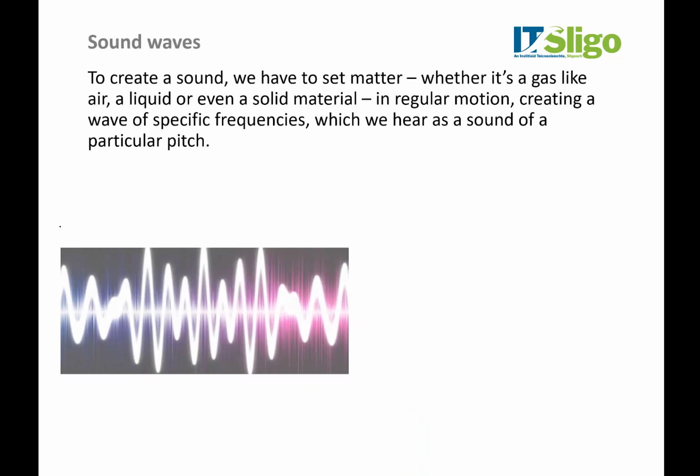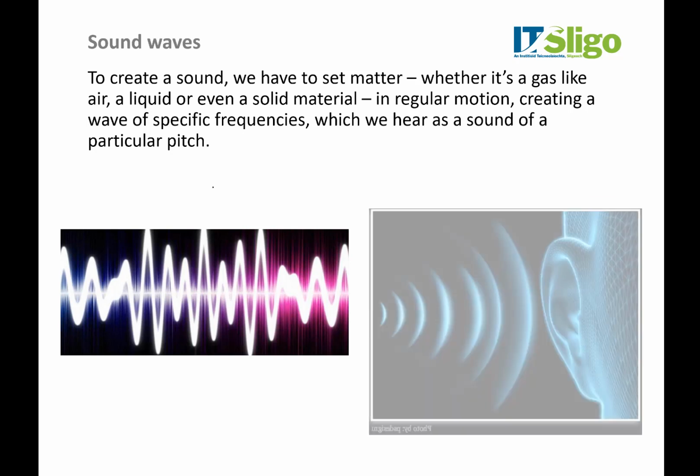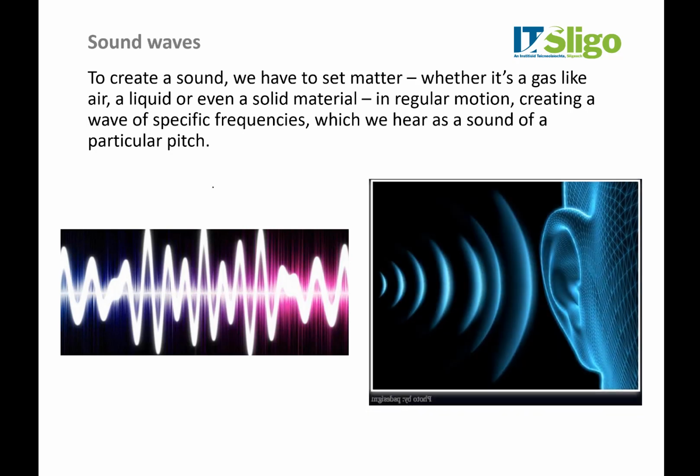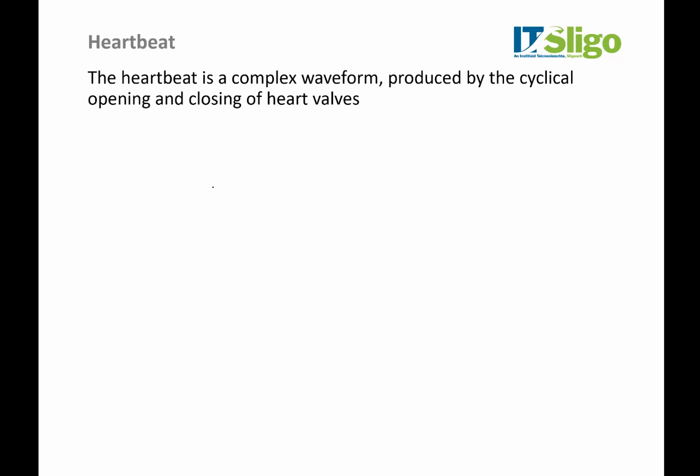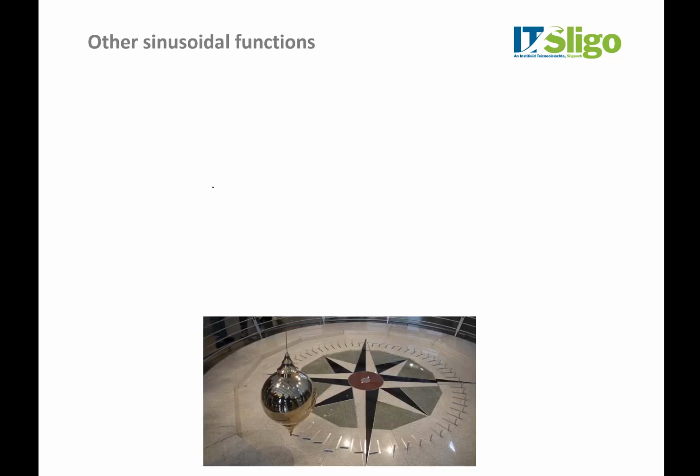Sound waves. So to create a sound, we have to set matter in regular motion, creating waves of specific frequency, which we hear as a particular pitch. We'll be looking at sound a little bit later when we're looking at log functions. Heartbeat is another kind of complex waveform produced by the cyclical opening and closing of heart valves.